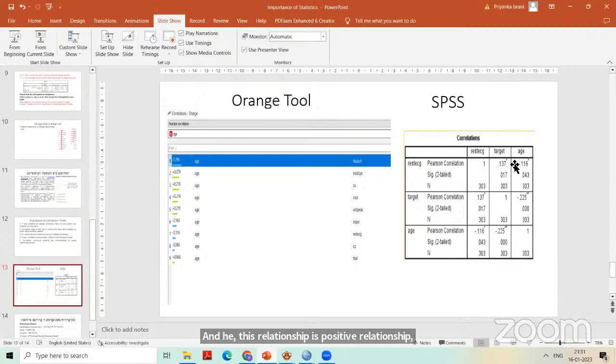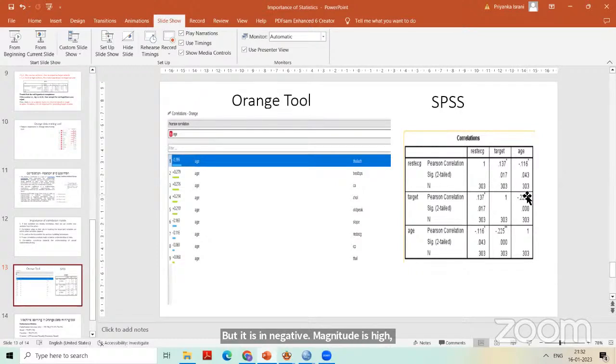Sorry, there is a minus, that is negative, so it is having a negative relationship. If you want to check target with REST ECG and age, here it is minus 0.225. The magnitude is high, so age is having the highest correlation with target, but it is negative. The magnitude is high, but the direction is negative.